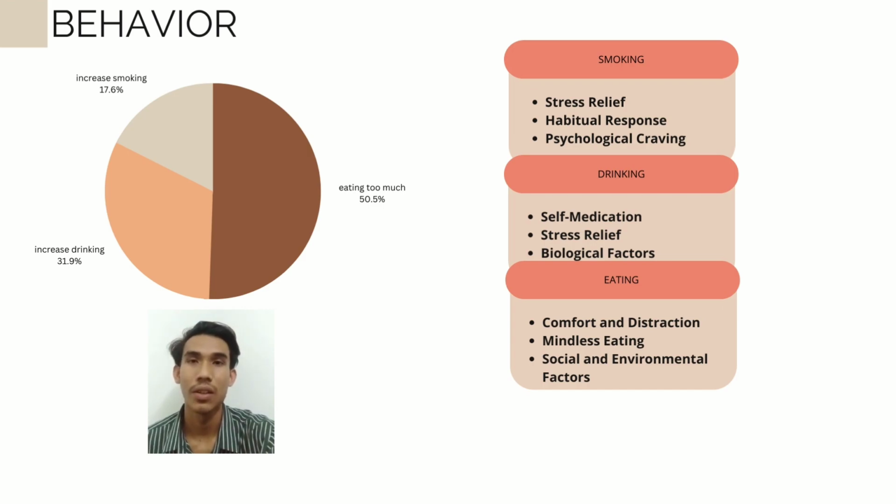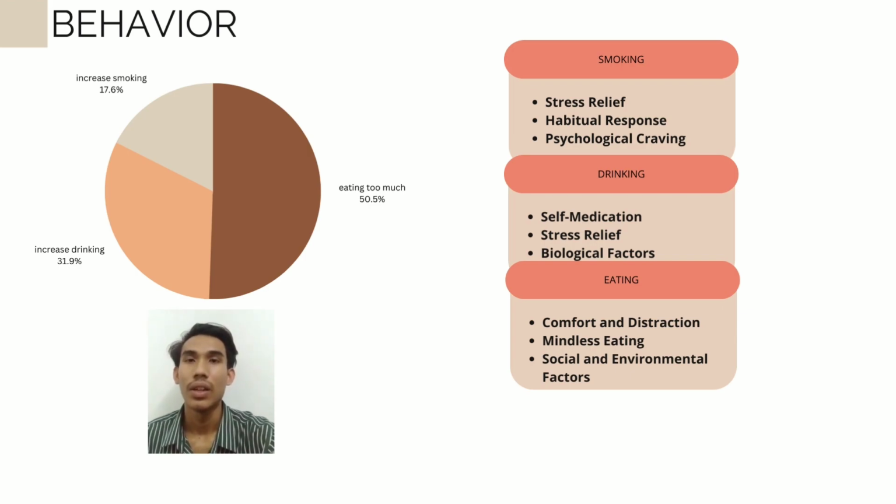Eating too much has the biggest percentage in behavior because of comfort and distraction. Many people turn to food for comfort when they are stressed. Eating can provide a temporary distraction from stressors and can offer a sense of emotional comfort or pleasure.